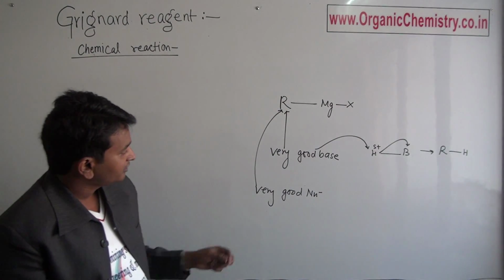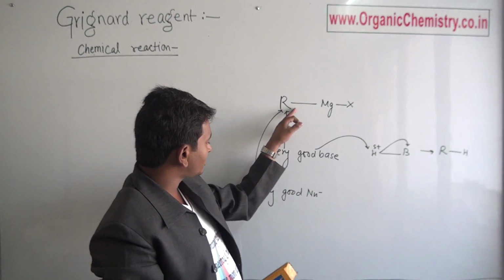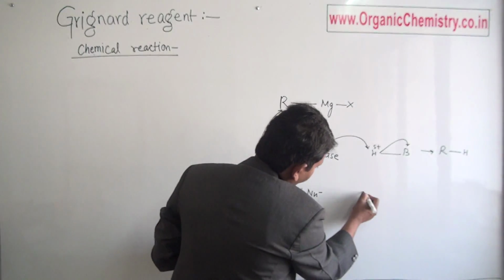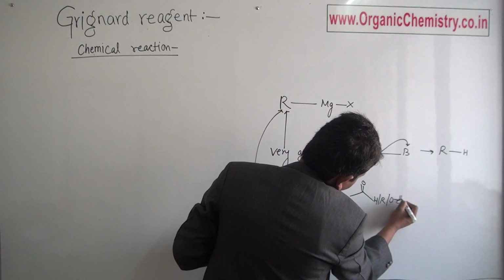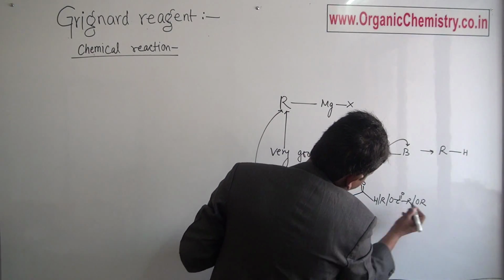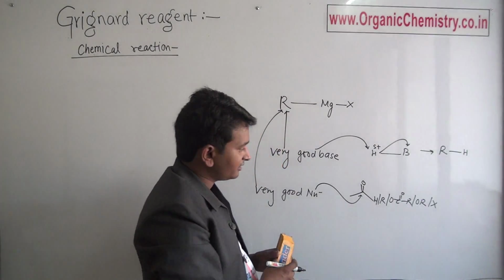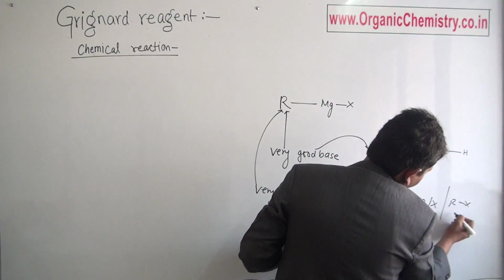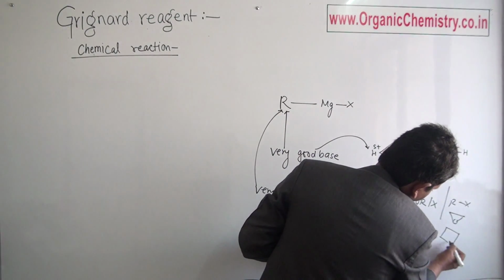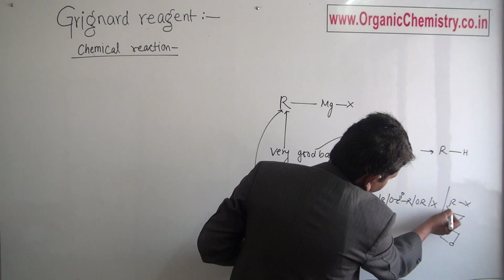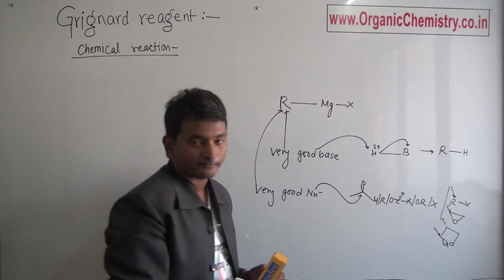But if the molecule has a partial positive center, then this RMgX acts as a nucleophile. So in case of aldehydes, ketone, anhydride, esters, even acid halide, it acts as a nucleophile. In case of alkyl halide, in case of epoxide, whether 3 member, whether 4 member, it can attack as a nucleophile.